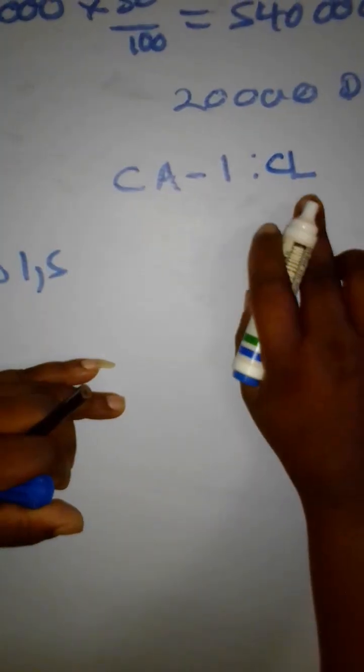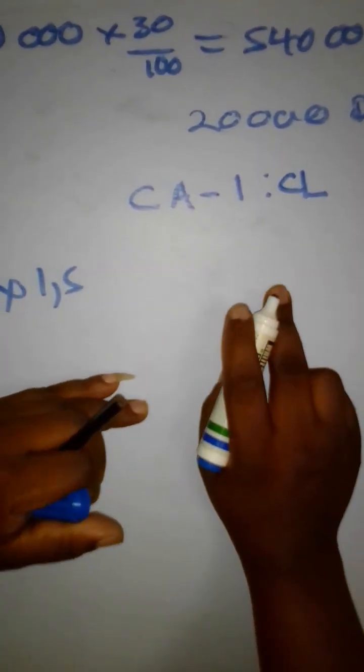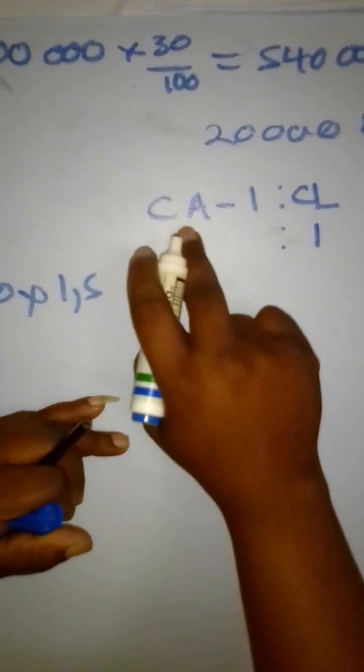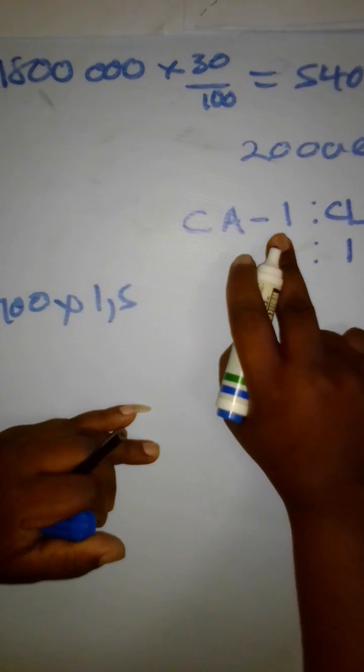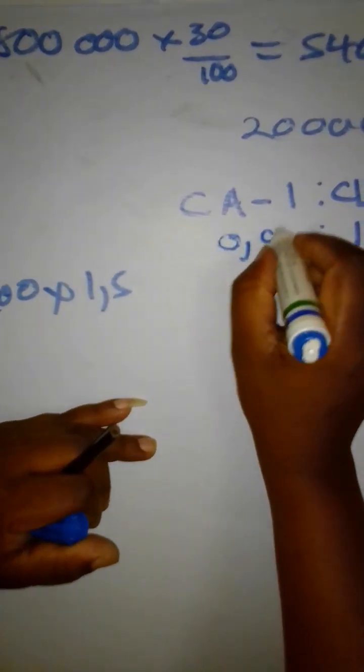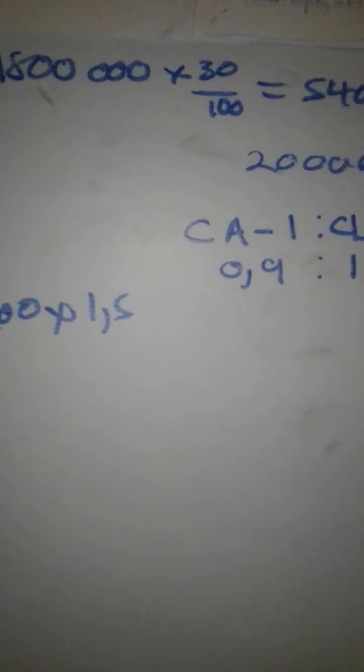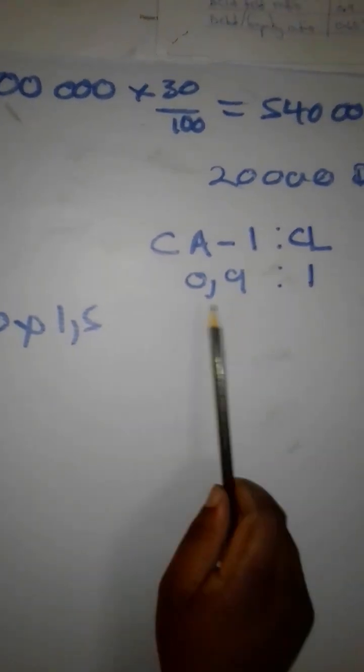The current liabilities are already given, they are 1. And then here they are saying that current assets minus inventory is 0.9. So we can safely find current assets minus inventory.